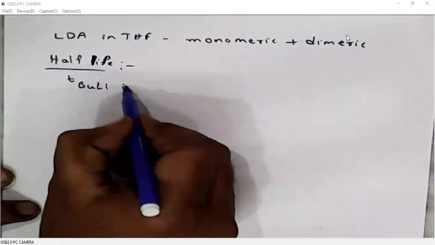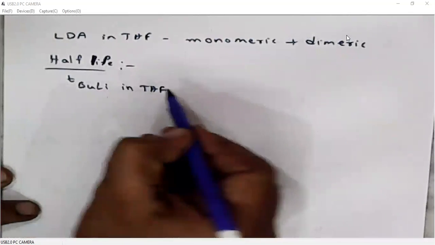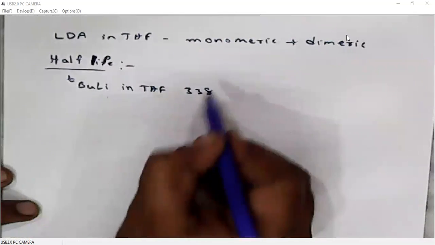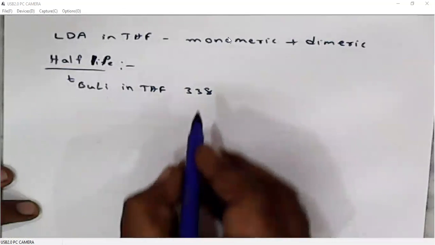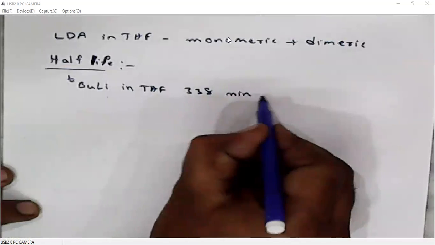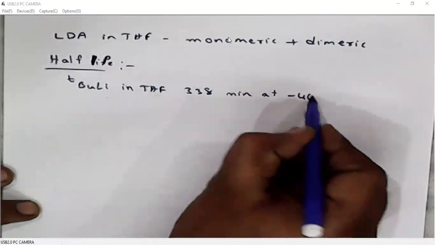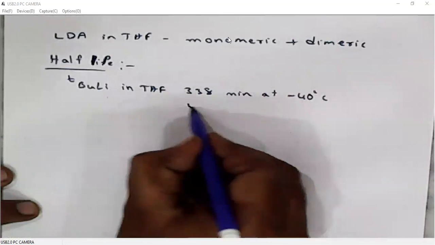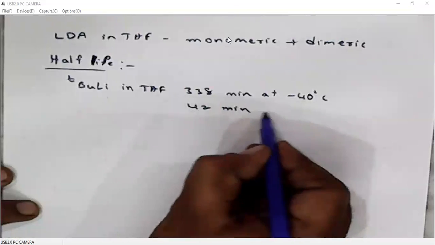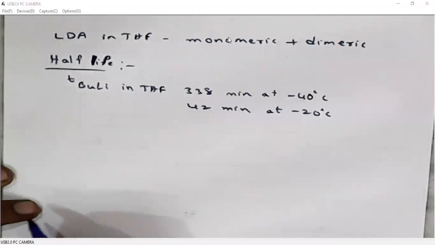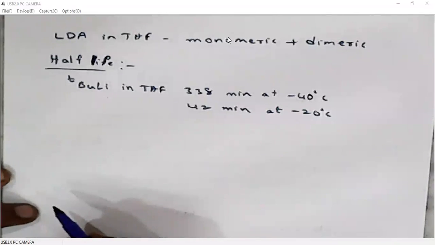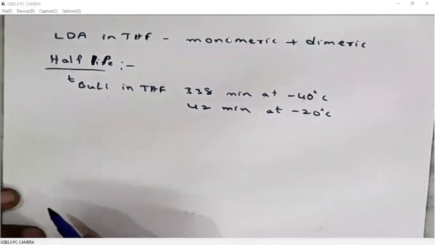Tertiary butyl lithium in THF, its half-life is 338 minutes at minus 40 degrees centigrade, and it is 42 minutes at minus 20 degrees centigrade. So that means when we increase the temperature, the half-life is decreased.